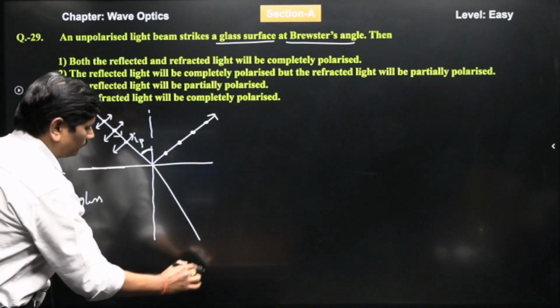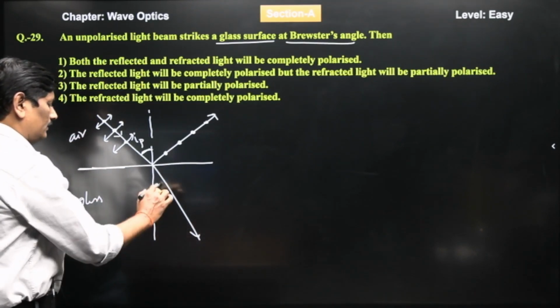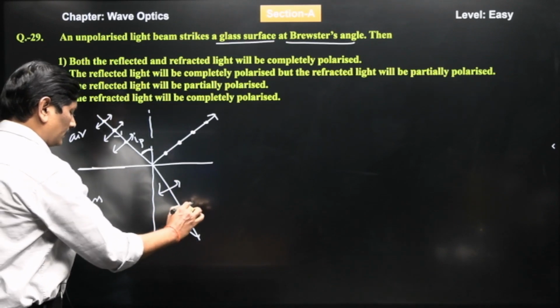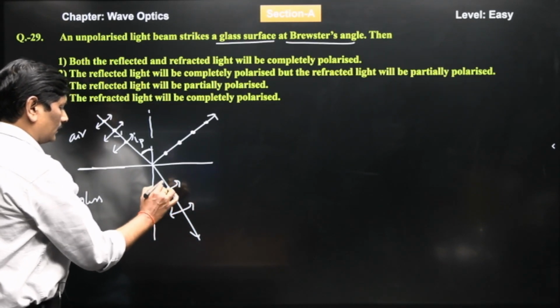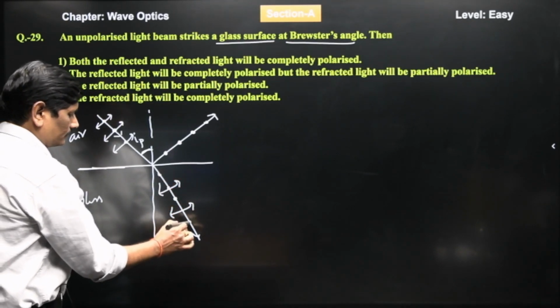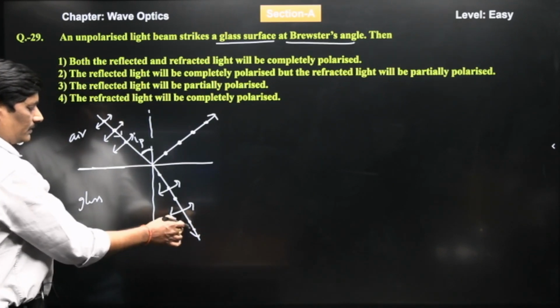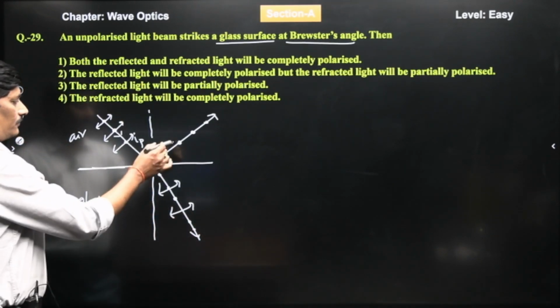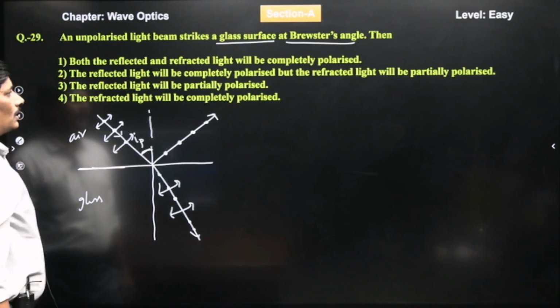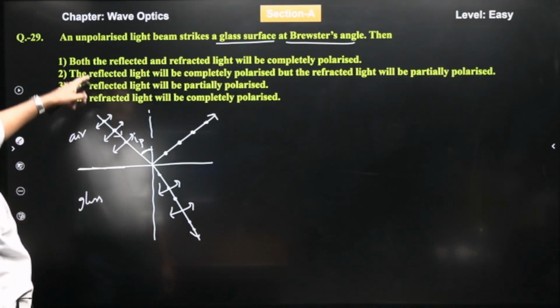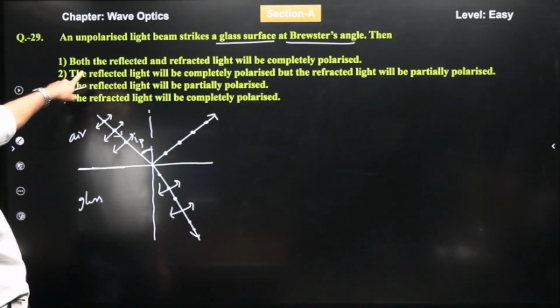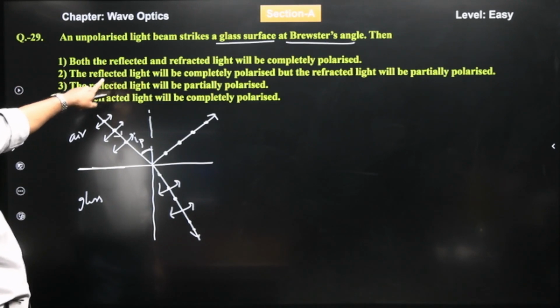And when you see the refracted light, in this refracted light you can see both dot and arrow vibrations. So, this refracted light is partially polarized, while reflected light is completely polarized with dot vibrations. If you see the options, both reflected and refracted light being completely polarized is wrong.